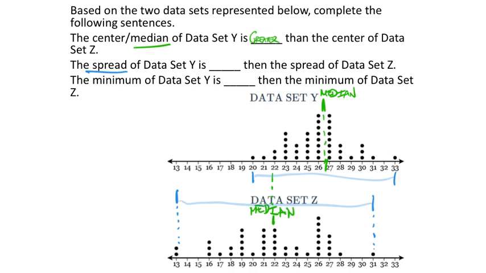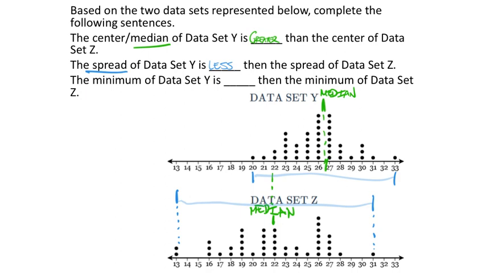Either way, I can see that this one is much wider than this one. Set Y is more narrow than set Z, so set Y's data spread is less than the data spread of set Z. Again, we're just looking at the width of those two. I don't care that they're symmetric or about any of that stuff. All I care about is the width of the data.